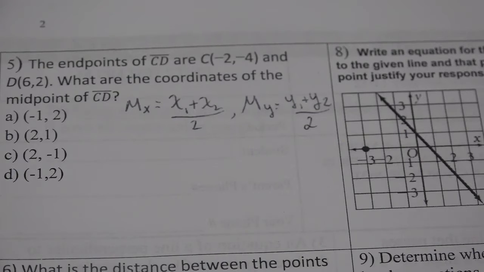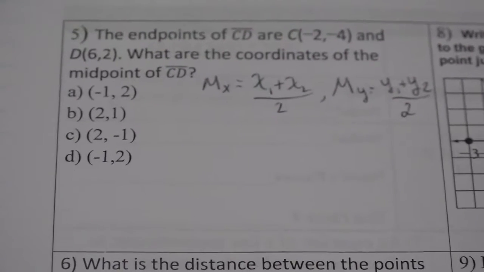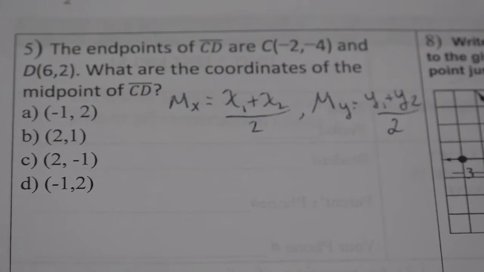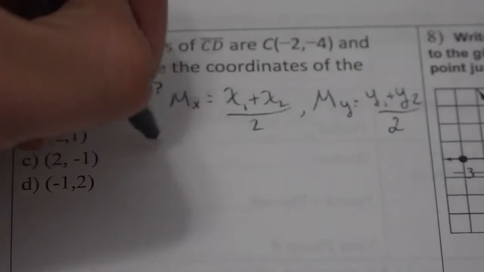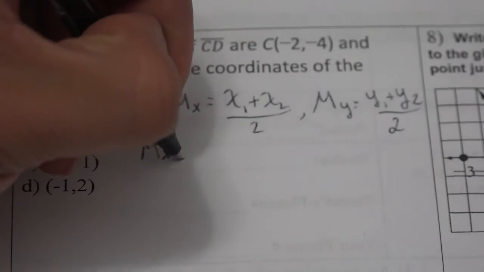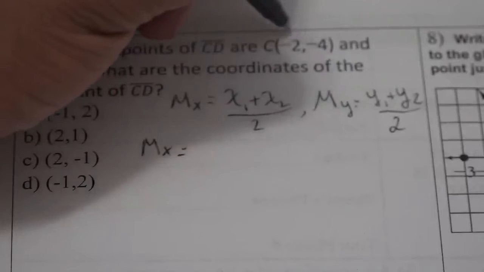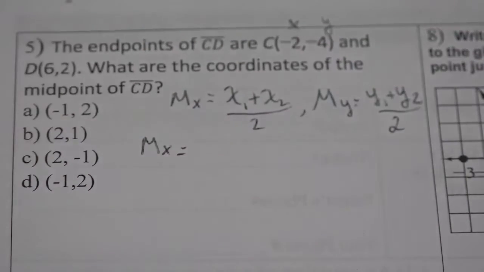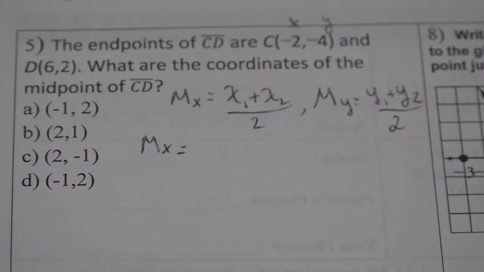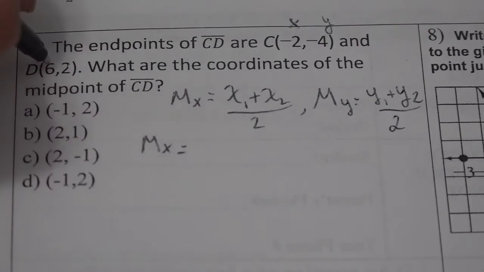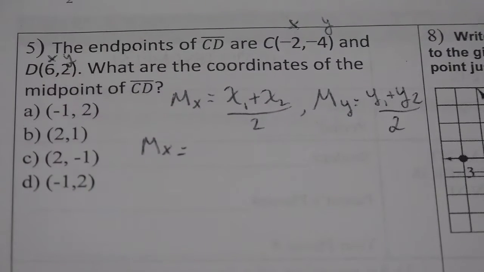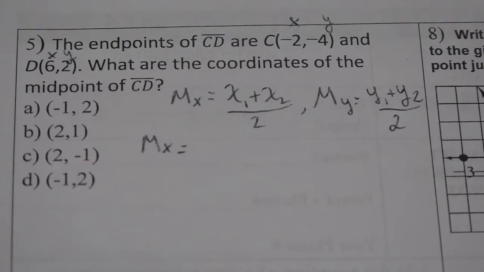Okay? So now let's figure it out. I'm going to find the midpoint of x first. So this is x, this is y, this is x, and this is y. You should know that.